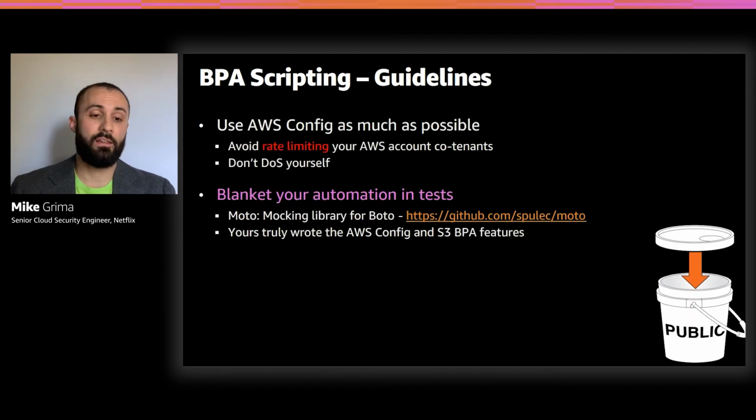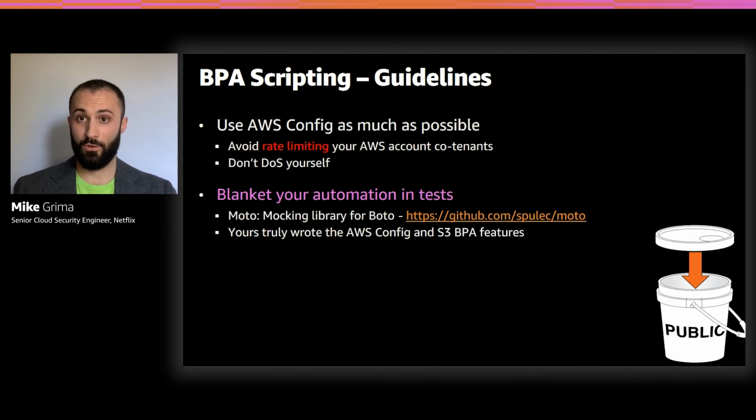What I would also highly recommend is to make use of AWS Config as much as possible. And there's a very good reason for that. When you're making infrastructure automation like this, in order for it to function properly, it needs to be able to describe all your assets and all of your stuff, right? And when you're describing all these things, you're making lots of API calls in short succession.